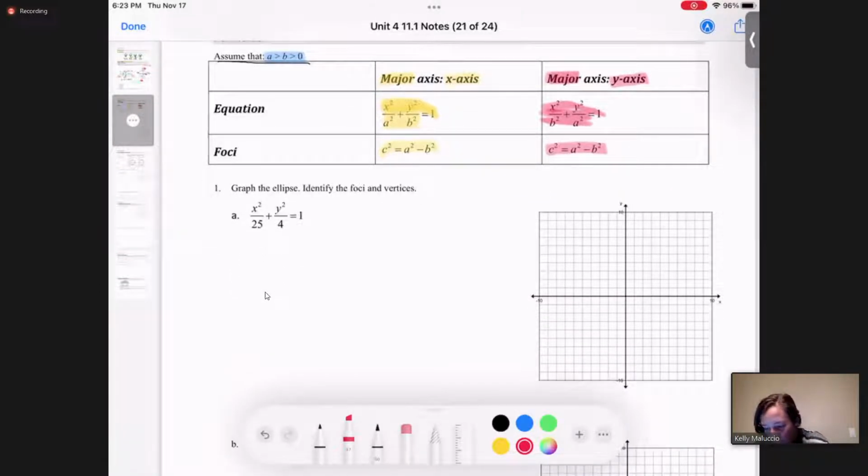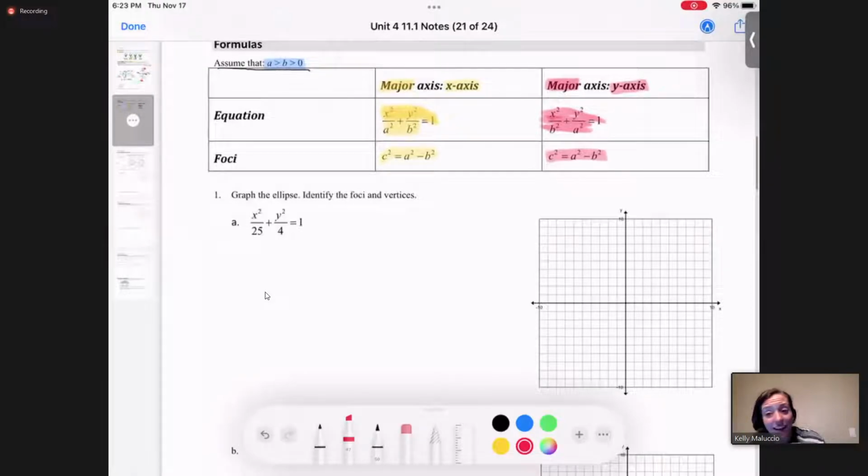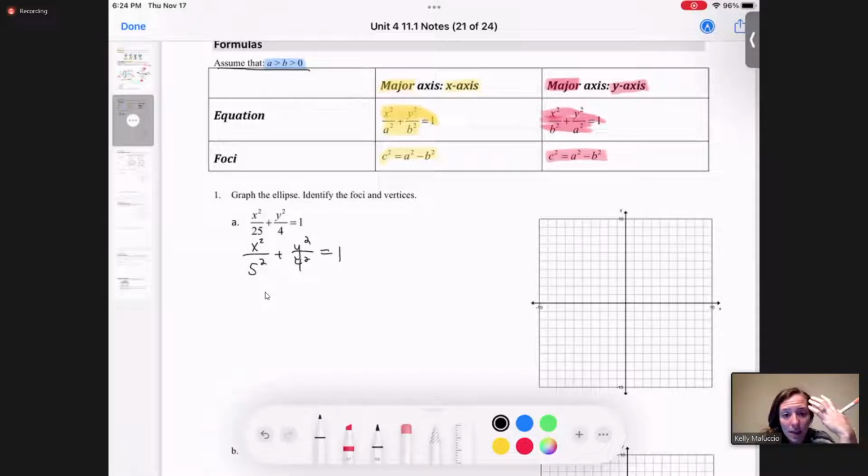Okay. Now, they give us an example, and it's nice when they're perfect squares, but that won't always be the case. In this case, it's nice, at least for our A and B here. If you wanted to rewrite it, it's x squared over 5 squared plus y squared over 4 squared. And how do I know which one the major axis is going to be?